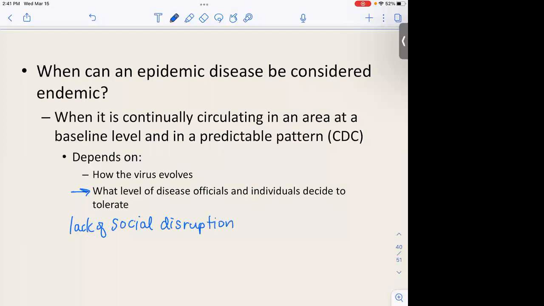You could argue it's causing way less social disruption now. A lot of people aren't wearing masks anymore. It's still around and people are still getting it, but people are more willing to live with it. So you could make the case that for that reason, it's on its way to being considered endemic.